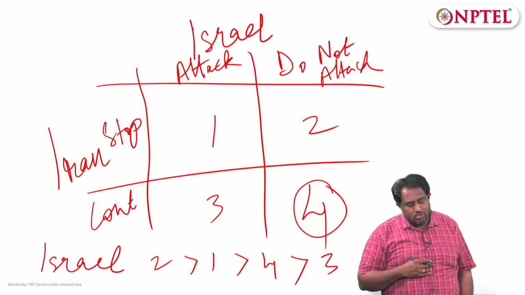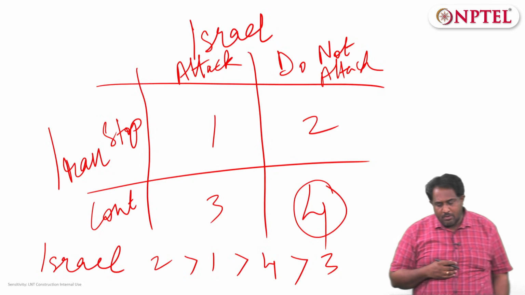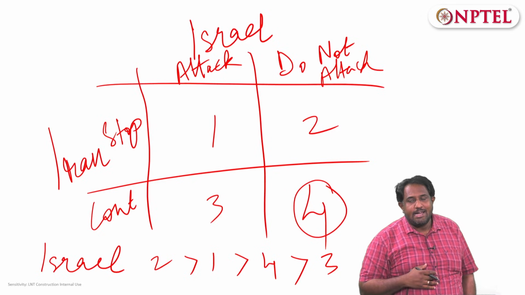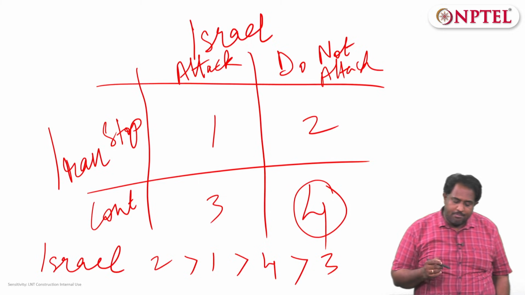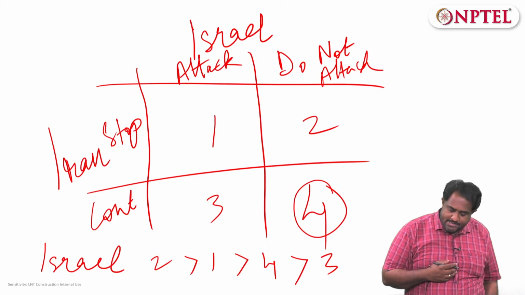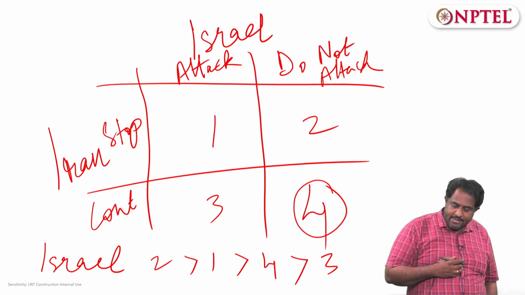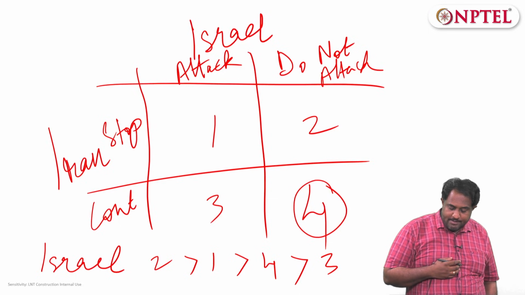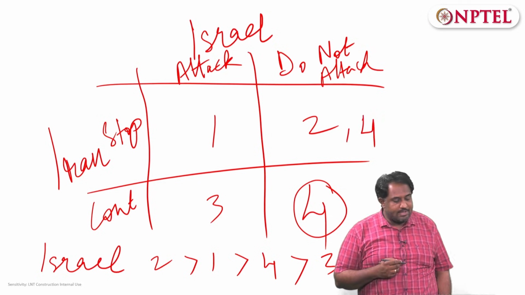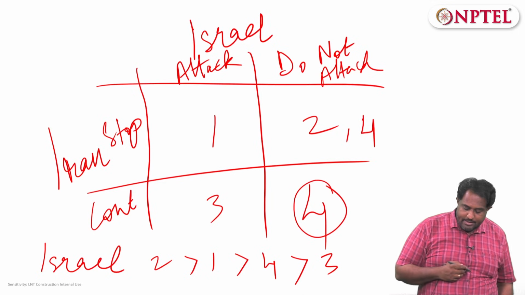So if I were to change these preference rankings into some kind of cardinal numbers, as in again assigning weights, it is very interesting that for Israel the best option is that it doesn't attack and the adversary stops, right?